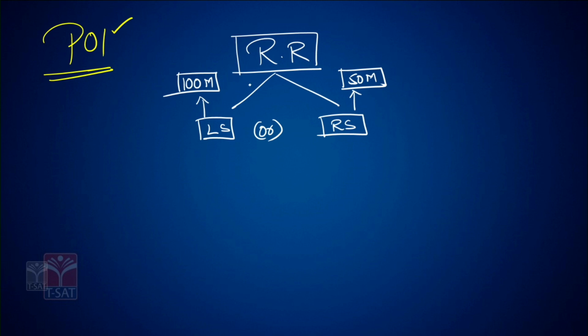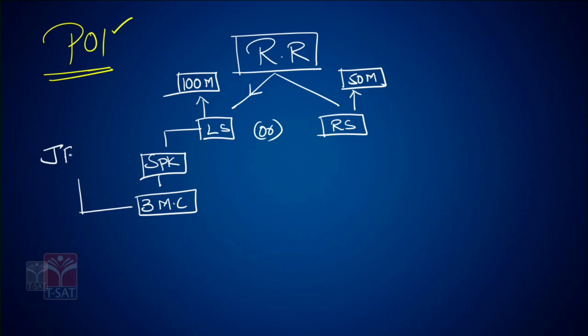Imagine the resolution is initiated in Lok Sabha. Who will receive the resolution? The Speaker. When the resolution is accepted by the Speaker, it will go to a 3-member committee as per the Judges Enquiry Act of 1968.